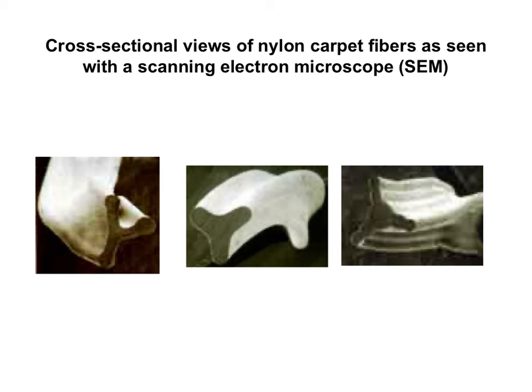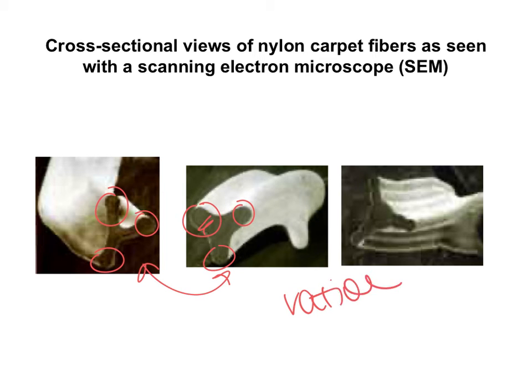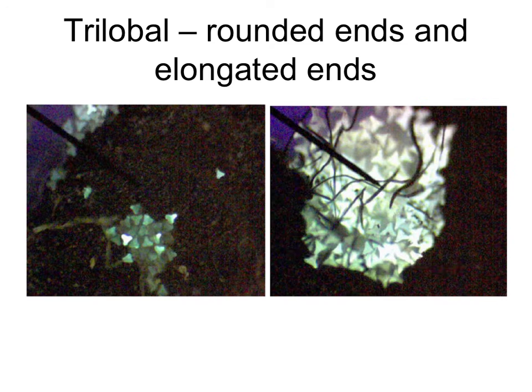Here's a couple examples of our trilobals. Tri meaning 3, it has 3 individual lobes. You can see even from here to here, they have slight differences in terms of the length of the fiber, so this would have a different ratio that we just talked about on the last slide. Here again is a really great view of a trilobal cross-sectional view.